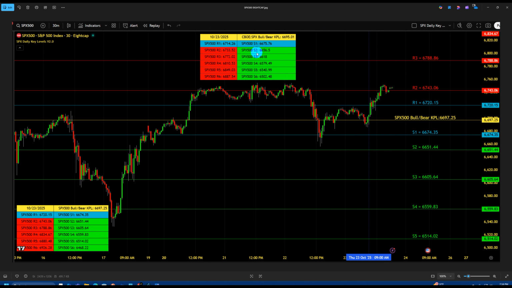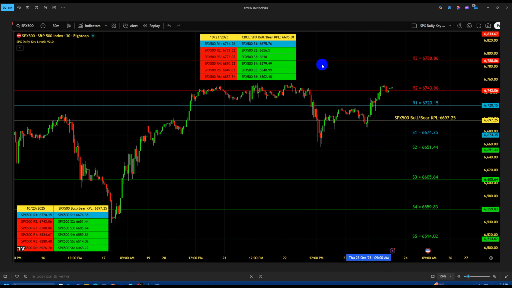Those are the same levels here, and then these levels are the levels for the CBOE SPX index, which opens at 9:30. Since this CFD trades in the overnight and pre-market, we're able to display the CBOE SPX levels on this chart. So this enables you to get a 30-minute jump on the CBOE SPX session.